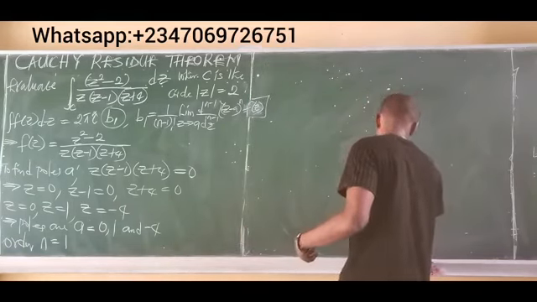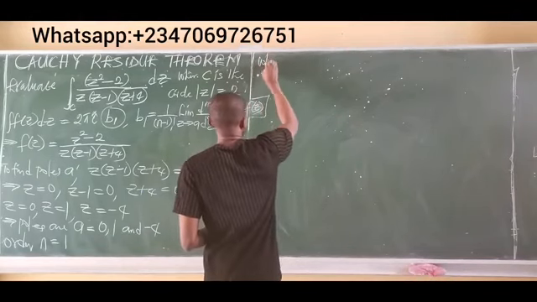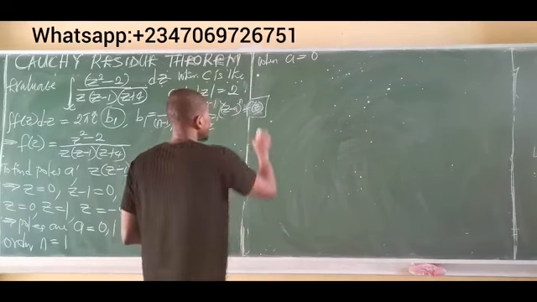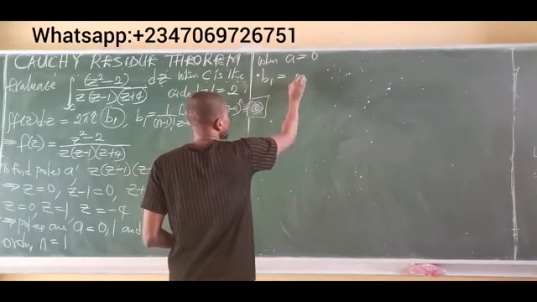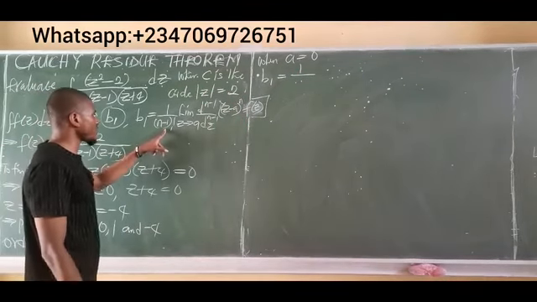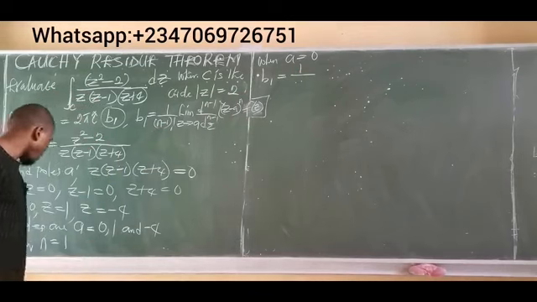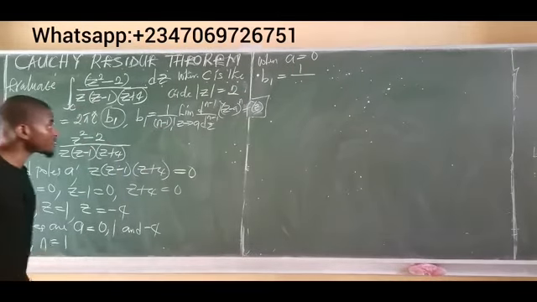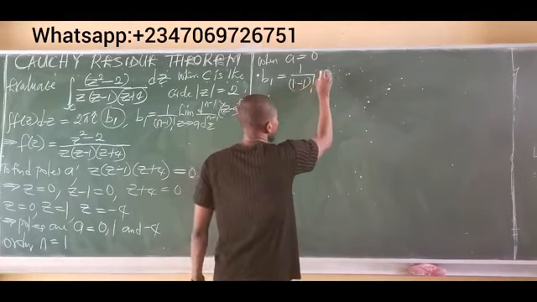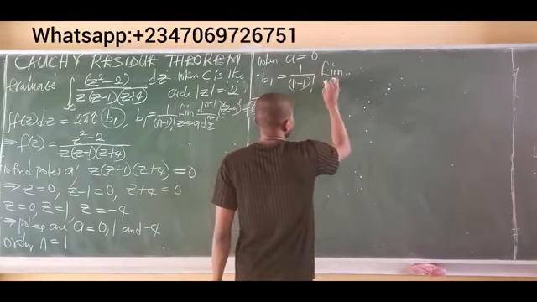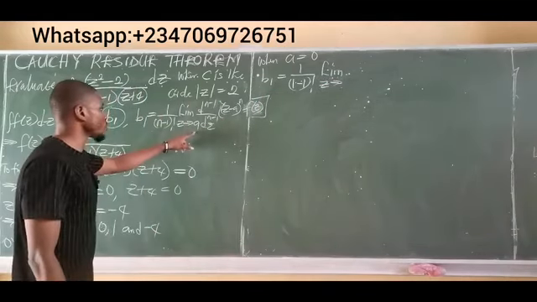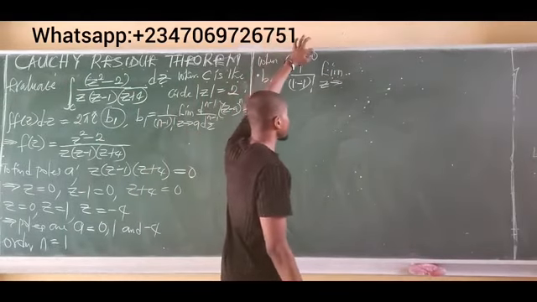So considering the first pole now, when a is equal to 0, that is the first pole, then the residue b1 is equal to 1 over (n minus 1) factorial, where n is the order, n equals 1. So this becomes 1 over (1 minus 1) factorial, the limit as z tends to a, and a now we are considering when a is equal to 0.